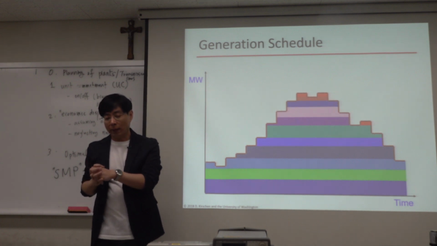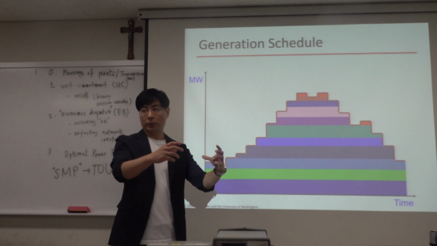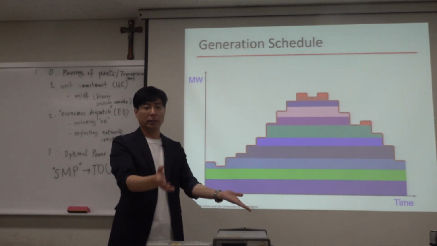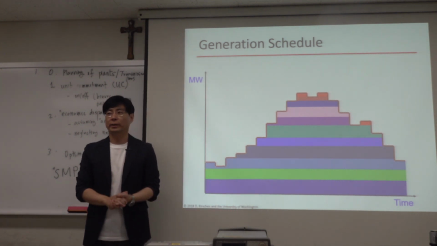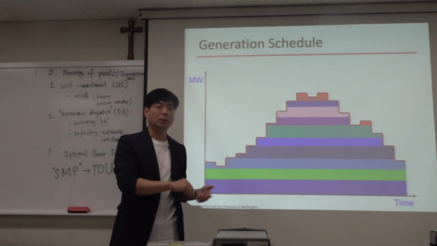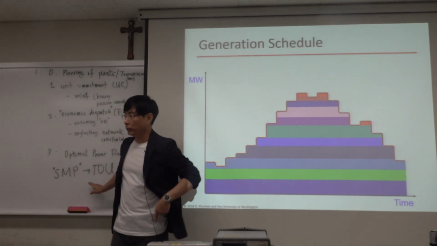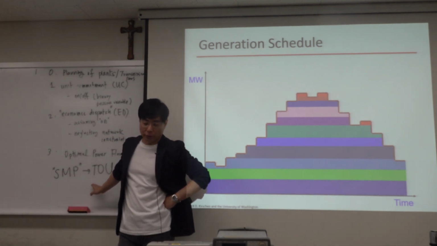So KEPCO could place the meters that measure the power consumption of these customers every 15 minutes. That was already installed a long time ago. That's why these commercial and industrial customers can use TOU.